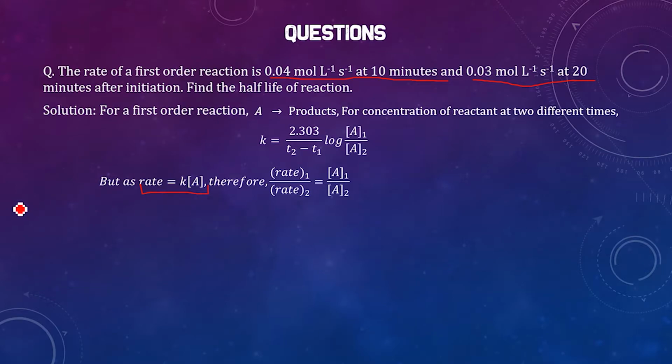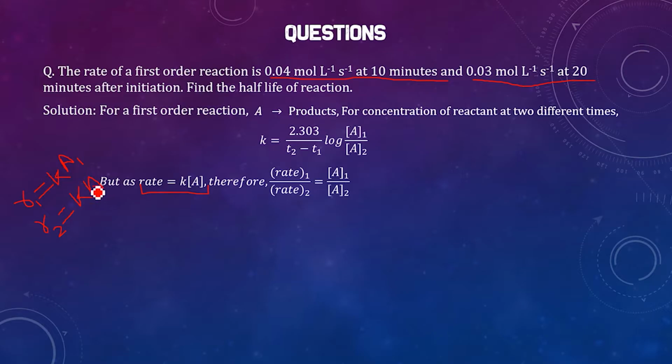Now I'm just writing R1 is equal to Ka1, and similarly you will write for R2, which will be Ka2, isn't it? Now equation 1 upon equation 2, do it.